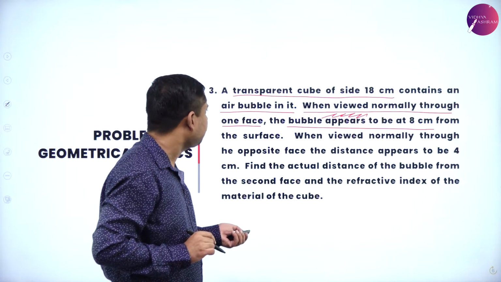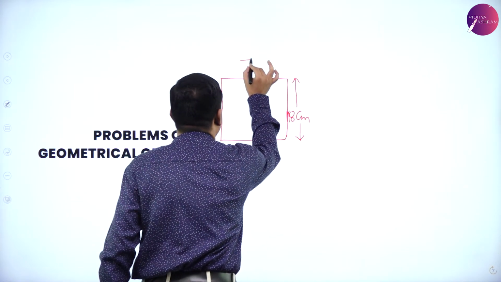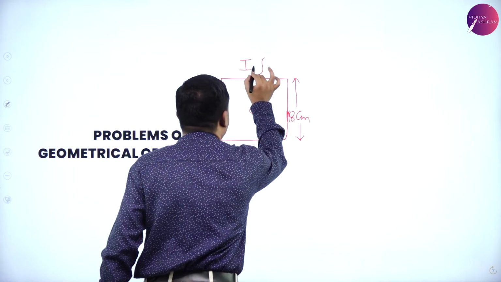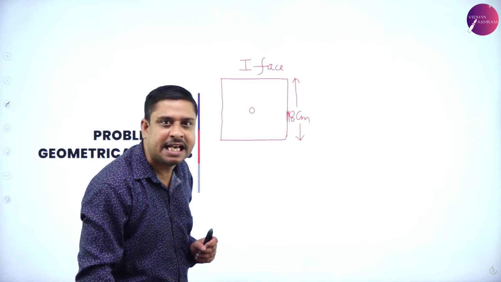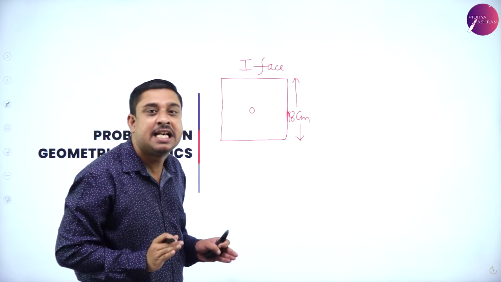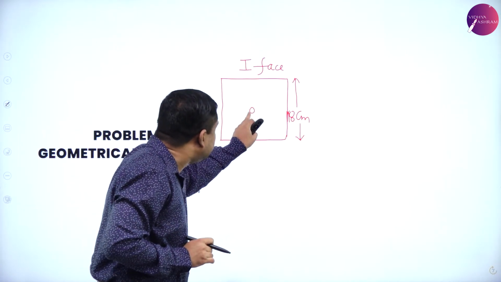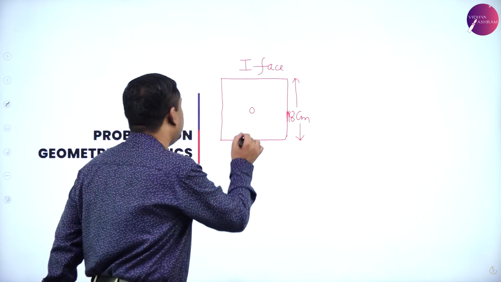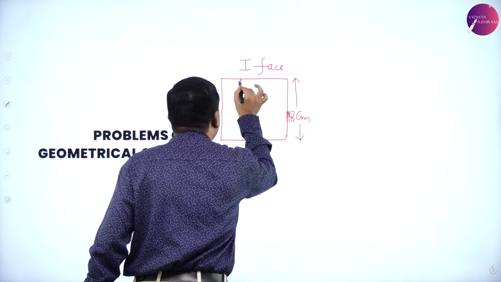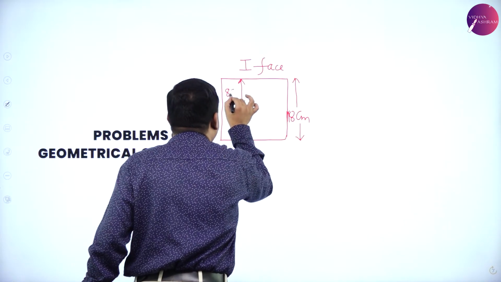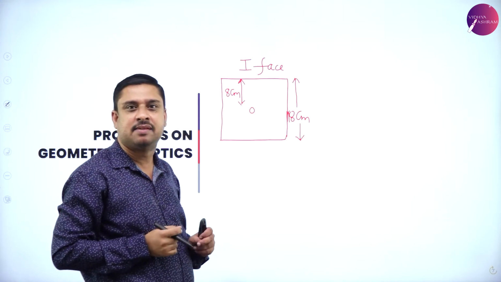Now, if I see this air bubble from the first face, this air bubble appears to be at 8 centimeters from the first face.